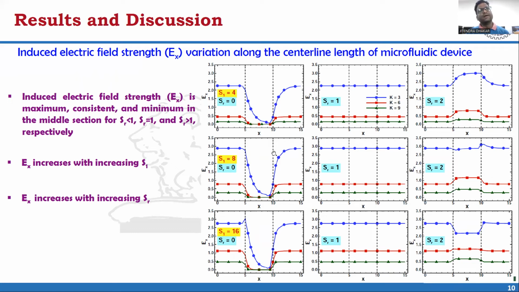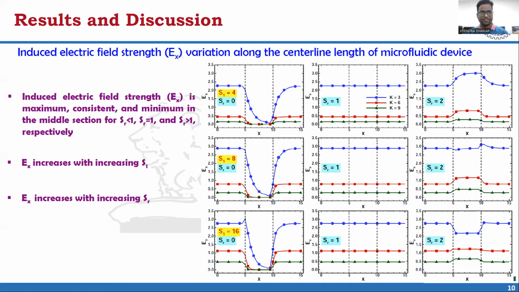In the second column of the figure, the induced electric field strength is uniform in the middle section when SR equals 1 due to charge on the surface of the middle section being equal to the other section of the device. In the third column of the figure, the induced electric field strength is maximum in the middle section because the charge on the surface of the middle section is greater than the other section of the device at SR greater than 1.